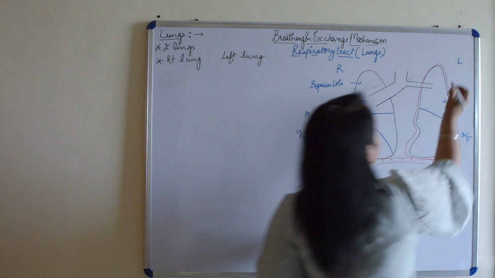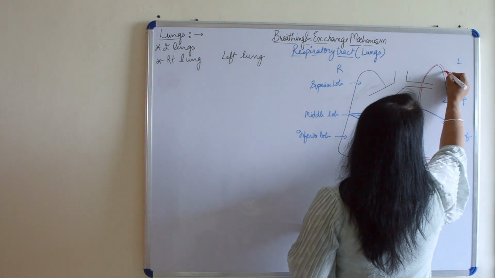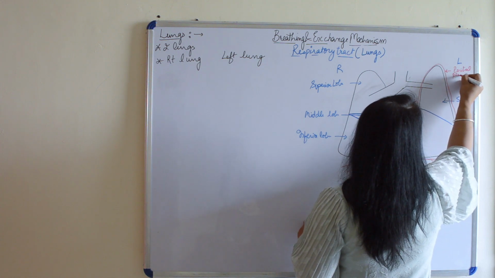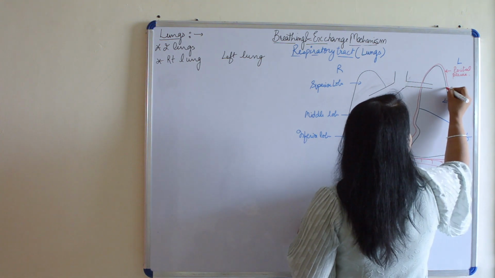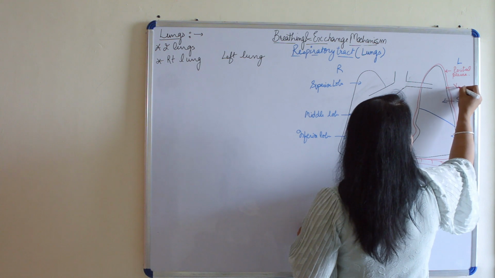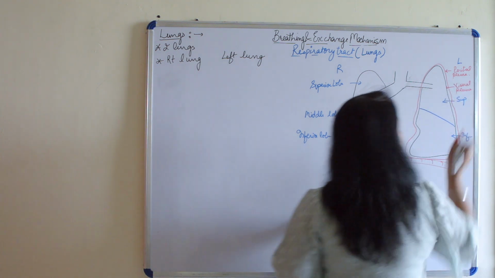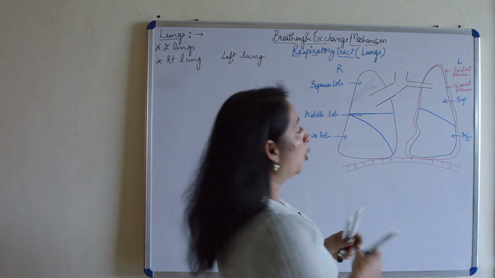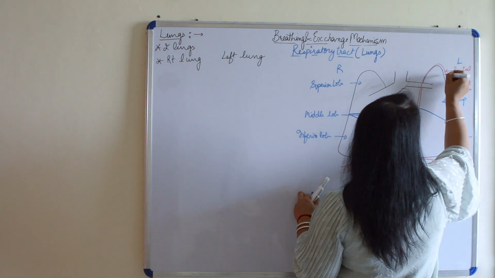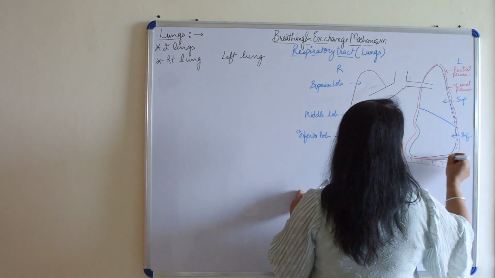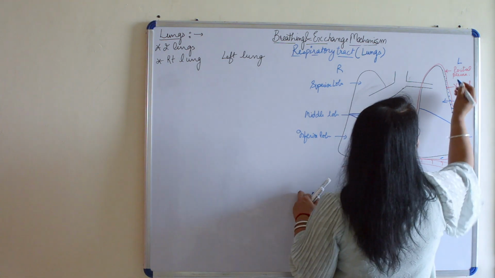The outer pleural membrane is known as the parietal pleura. The inner pleural membrane is known as the visceral pleura. And in between both these pleural membranes, there is a fluid, that is known as pleural fluid.